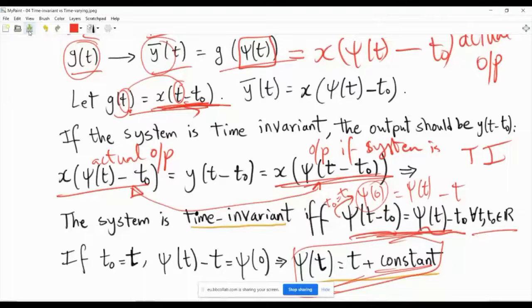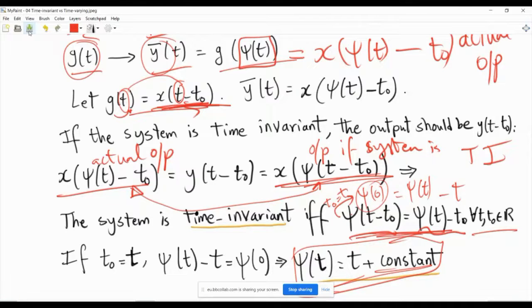Now you have the actual output of the system based on the system's description. Now see what output you expect if the system is time invariant, compare, and from that you may discover that the system is time invariant, or it may be time invariant based on conditions.